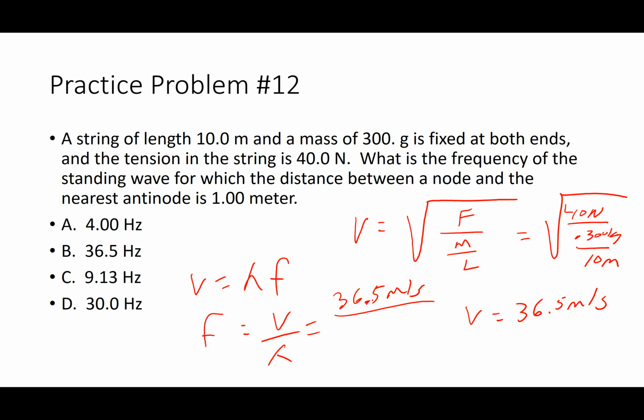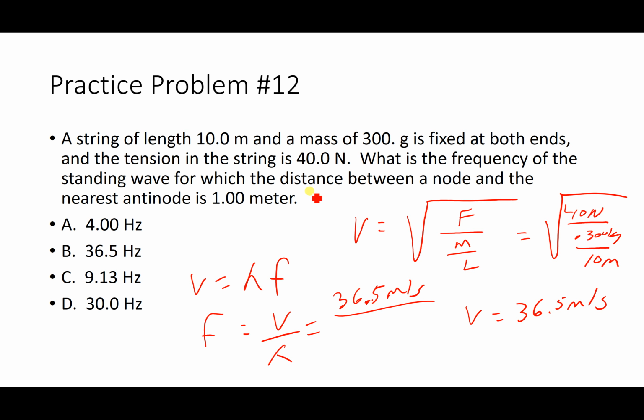All right, we can get the wavelength from the stem of our question. It tells us that the distance between a node and the nearest antinode is 1 meter. Well, the distance from a node to an antinode is essentially half of a loop. Remember that a standing wave is made of 2 complete loops. So this distance from one node to an antinode is essentially 1/4 of one wavelength.